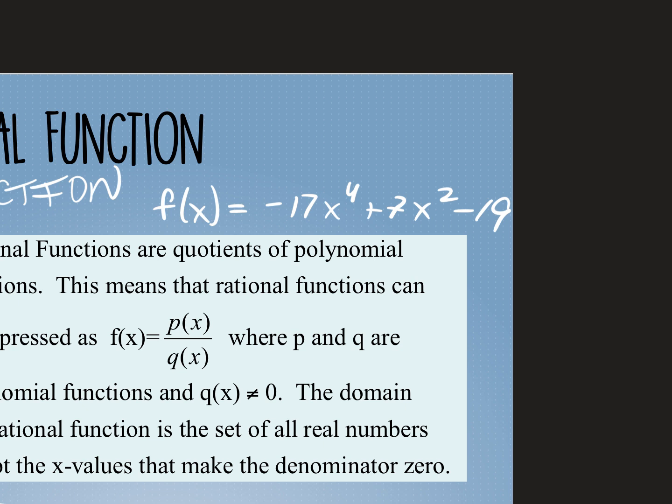Could I plug in any positive number in the whole world? Yeah. Could I plug in any negative number in the whole world? Yes. Could I plug in 0? Yes, I still get an answer. So your domain for a polynomial function is negative infinity to positive infinity.